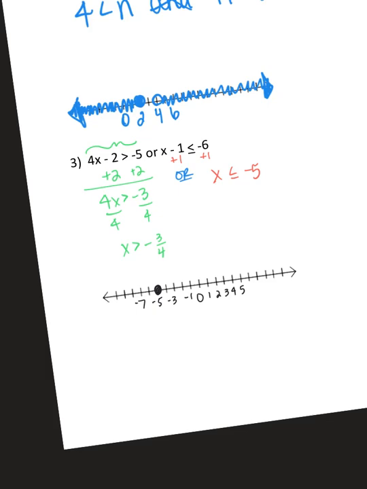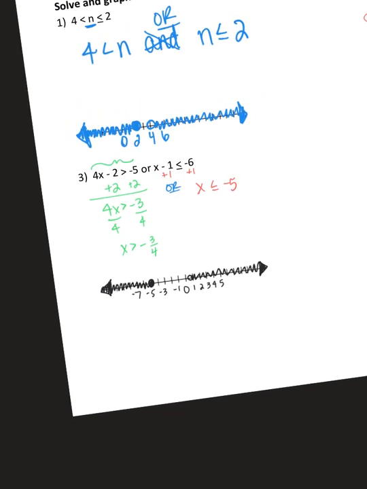And x is less than -5, so all the numbers that are smaller than -5, which is more negative. And x is greater than or equal to, or I'm sorry, just greater than -3/4, which is -0.75. So an open circle at not quite 1, and we're going to shade to the right. Okay, so there's number 3.